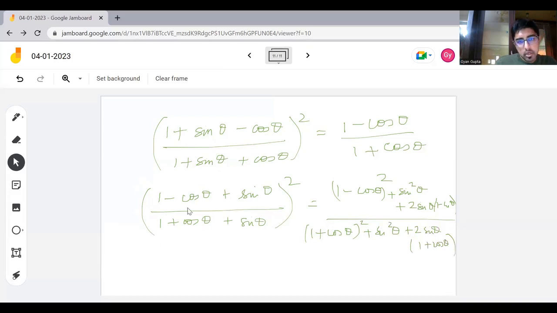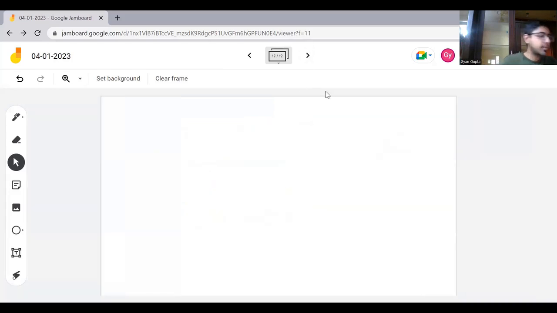Again, 1 plus cos theta is A, sine theta is B. Let me just write the numerator and denominator separately on the next page for us.